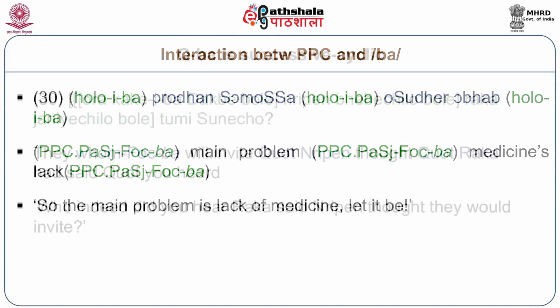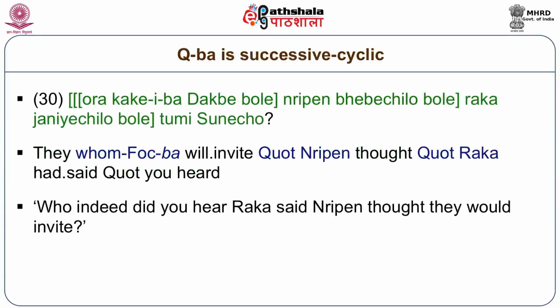Now, one difference between Q bar and the past subjunctive construction with bar is that Q bar, being interrogative, appears in successive cyclic interrogation contexts. For example, if you consider 30, which has the meaning, who indeed did you hear Raka said Nripin thought they would invite?